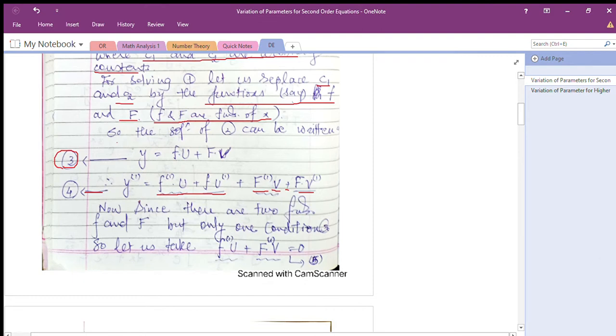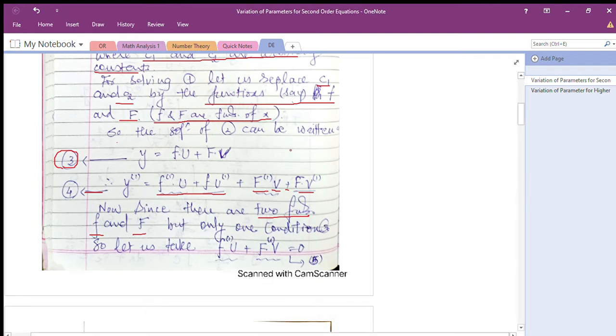Now since we have two functions, small f and capital F, and we need to find the values of those two functions, we must have two conditions. As you know from Cramer's rule, for finding the values of two variables we need two equations.